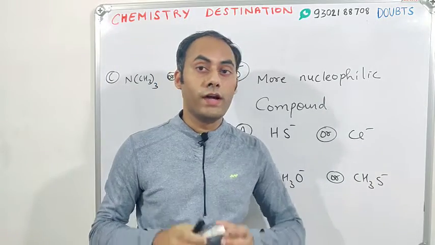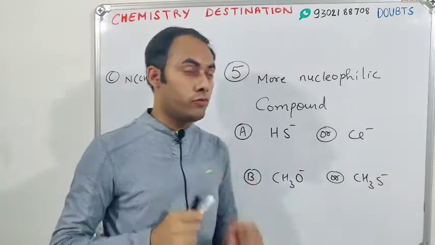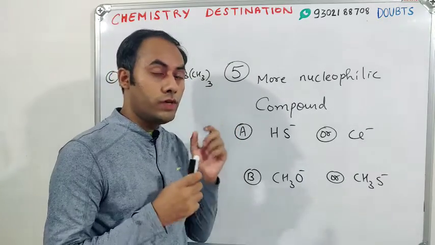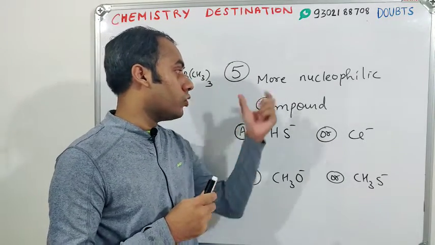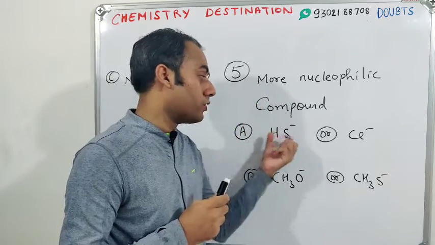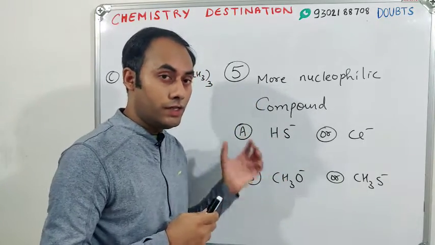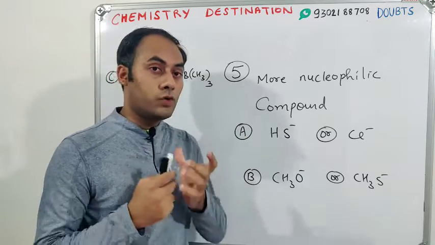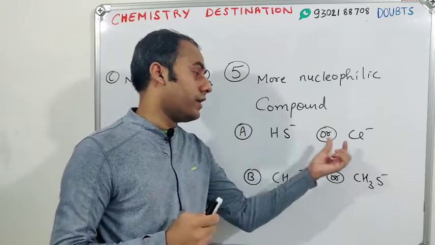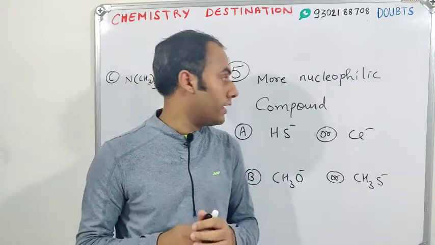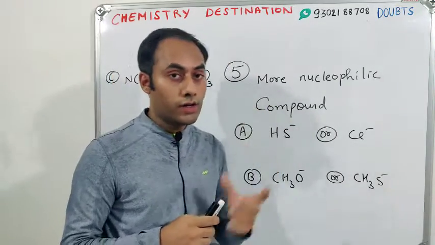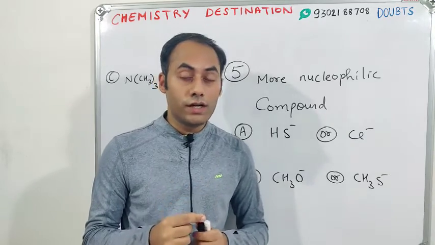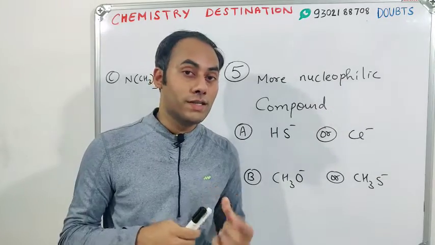Okay, so here we have our last question, question number 5. We have to identify the more nucleophilic compound among the pair of compounds in each part. For example, in the first part, we have 2 compounds, HS negative and Cl negative. Nucleophilic means which can donate an electron pair more easily.